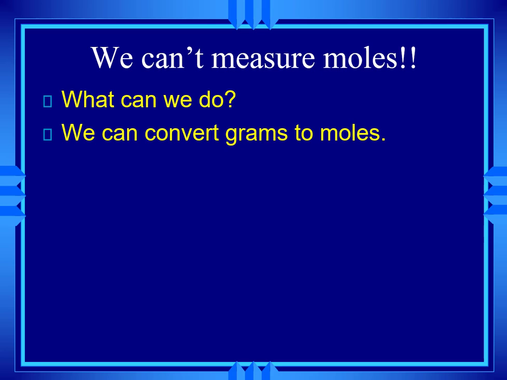We convert grams to moles. Hey, the last time we did, that's what we did. We figured out how many grams that stuff would weigh. So grams I could weigh. And then I could convert that into moles. And I'm going to do that off the periodic table.